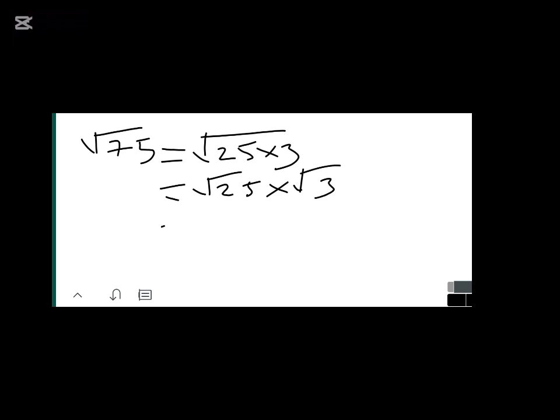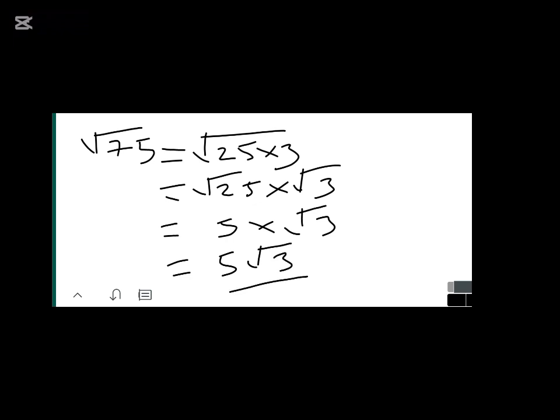The square root of 25 is 5. Multiplying, the square root of 3 cannot be further simplified or reduced, so we keep it like that, because the square root of 3 will give us decimals in which we are not interested. So our answer for square root of 75 is 5 multiplying square root of 3.